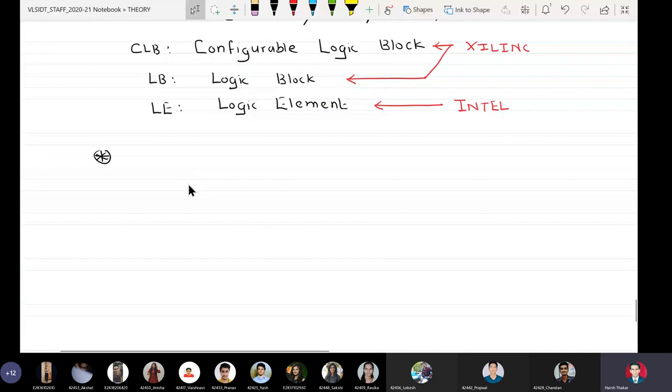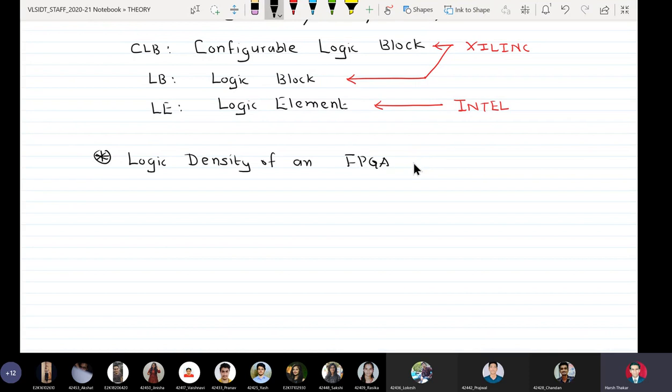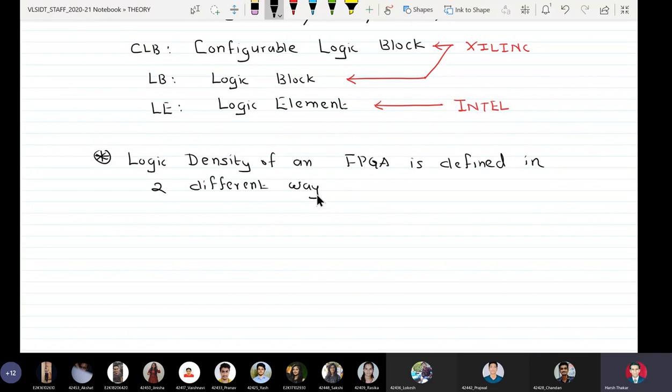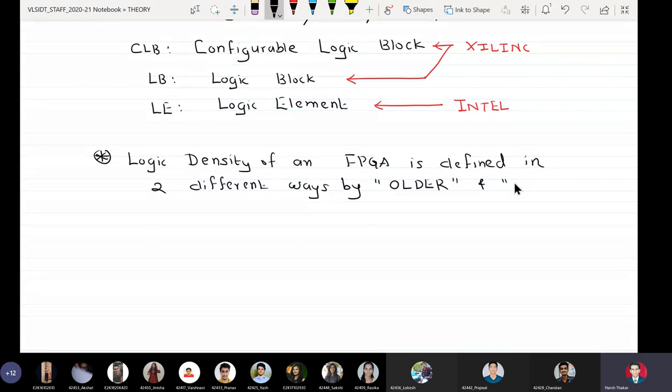So the logic density of an FPGA is defined in two different ways, by older and newer FPGAs.